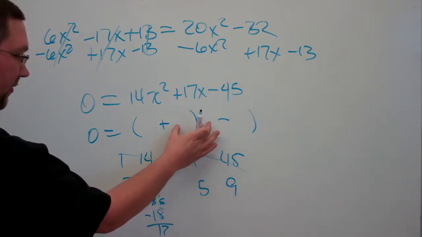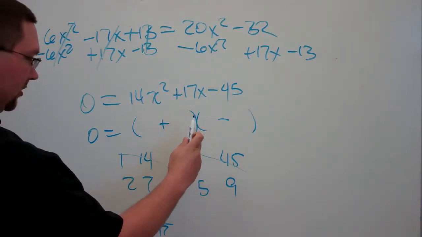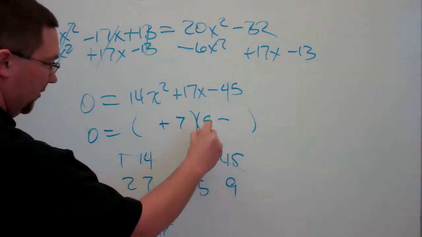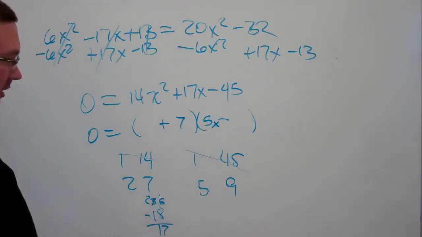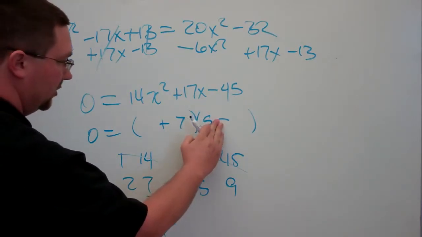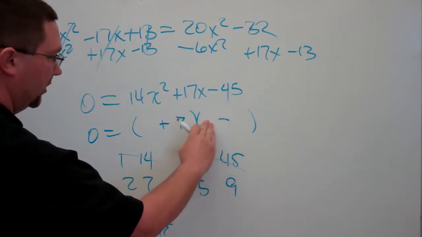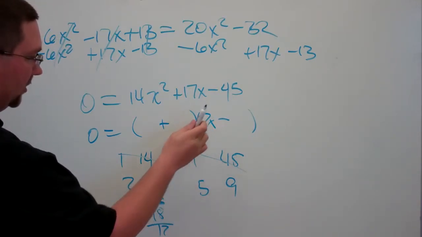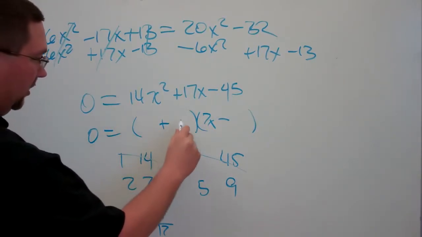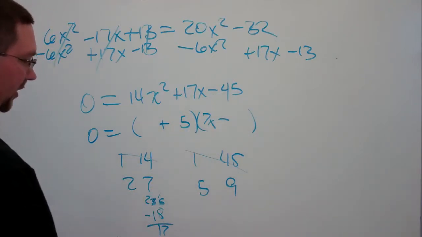To make sure our 35 comes out positive, we need to put those numbers here. So the 7 and the 5 to get positive 35, and it's 5x. No, it's not. It's 7x. I got to reverse those. 7x, because 7 was the factor of 14, and 5 was the factor of 45.